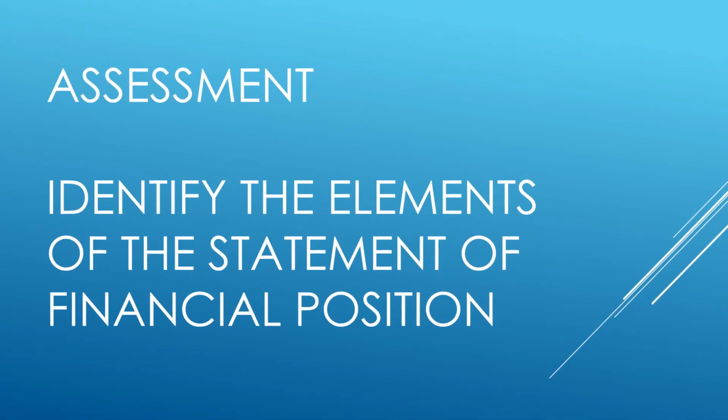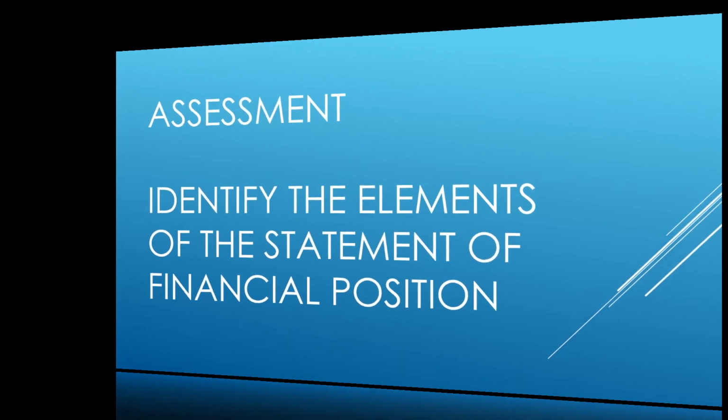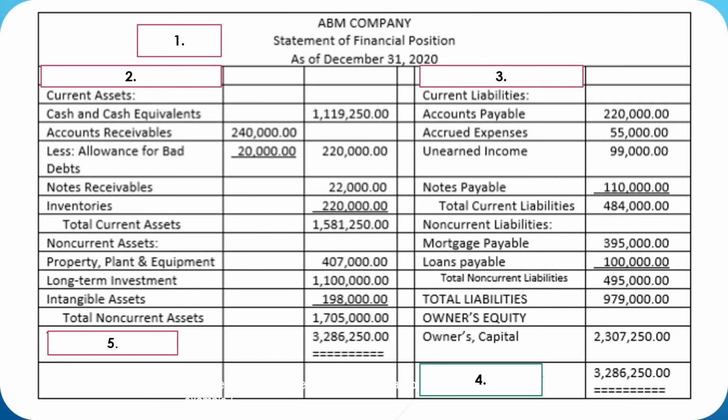In our assessment, identify the elements of the statement of financial position. Okay, so label number 1, what do we call that one? Number 2, number 3, 4, and 5.